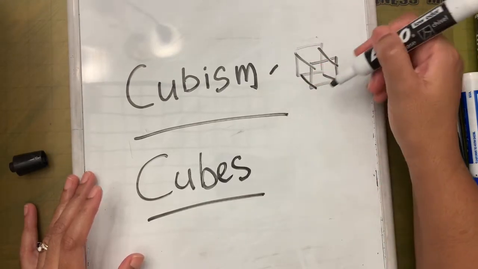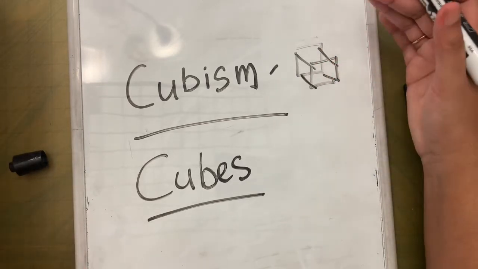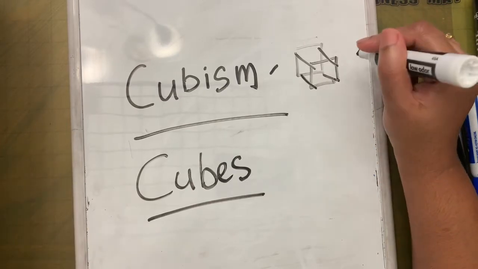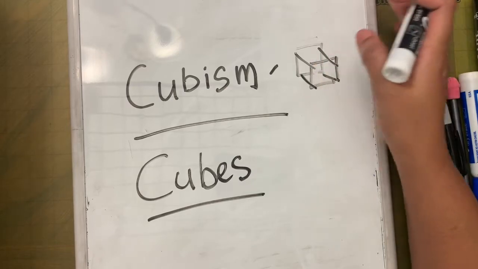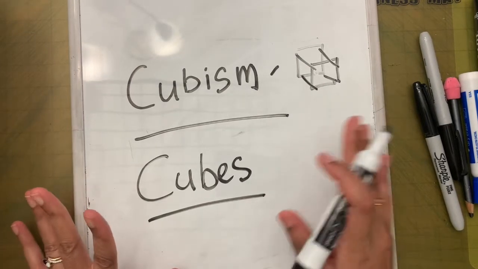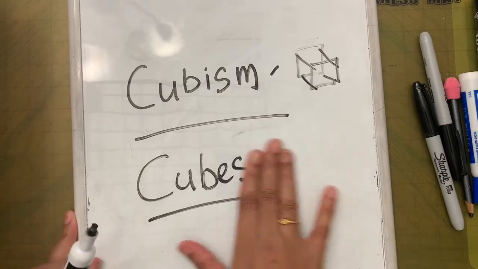So they used cubes or rectangles or triangles, other geometric shapes. Now you would be wondering, is Miss J going to make us draw the cube? It's going to be difficult. We are not so good at drawing cubes. Don't worry, we are not using cubes today. We will be using other geometric shapes.